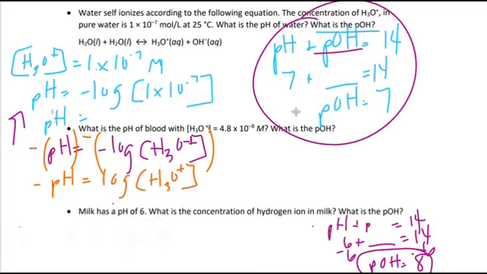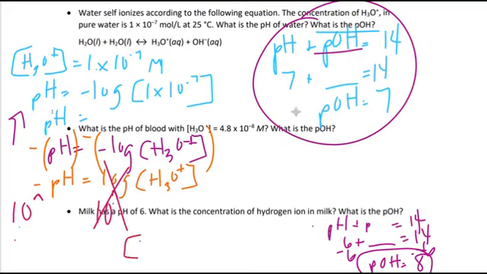Then I've got to get rid of that log. Just like if I was to get rid of addition, I have to do the opposite, which is subtraction. If I'm going to get rid of multiplication, then I have to do the opposite, which is division. So to get rid of a log, and I don't expect you to know this, the opposite of log is 10 to the caret. So I'm going to multiply each side by 10 to the caret. And that crosses off log.